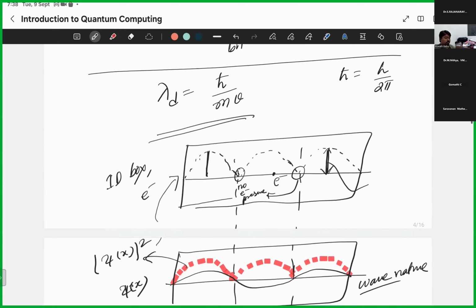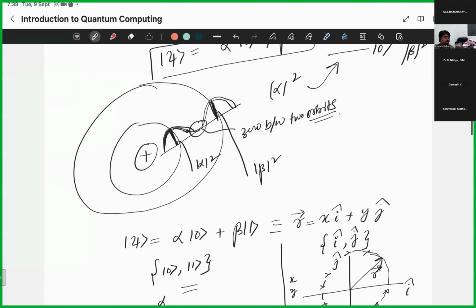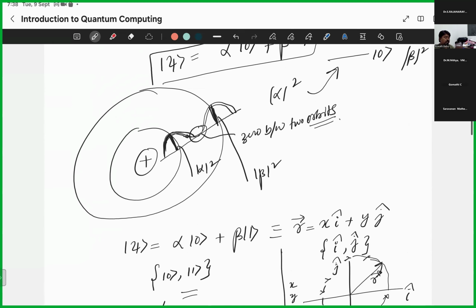But when it comes to a quantum bit, it is like a superposition of an electron existing in multiple orbital locations at the same time, with some probability. That is how the quantum superposition state is different from the classical scenario.